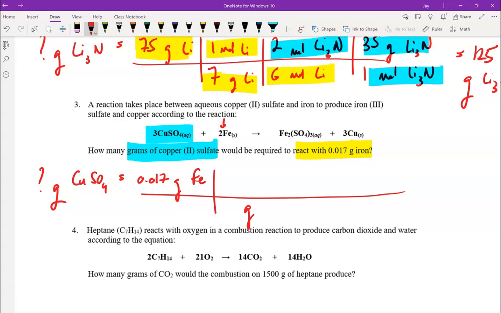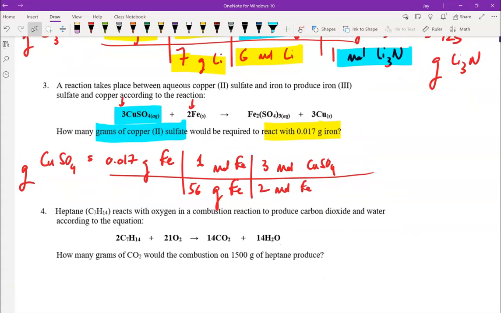So we're going to go from grams of iron to moles of iron. We know that 1 mole of iron is 56 grams. That comes right from your periodic table. Now we can go from moles of iron to moles of copper 2 sulfate. And what's nice is that we have a balanced equation, so we don't have to look for coefficients. They're already provided.